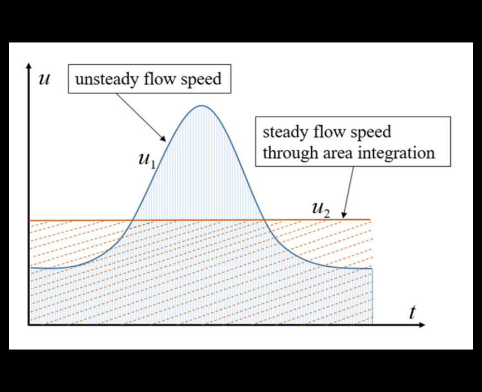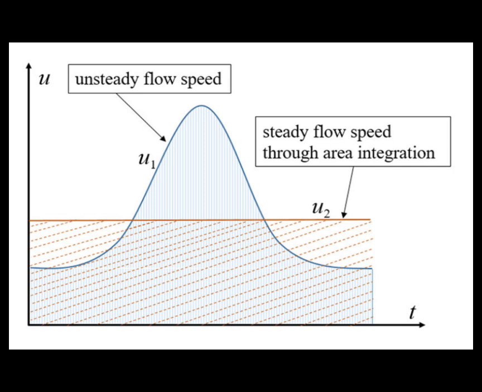Example, combining Bernoulli's and continuity equations. Scenario: a fluid flows through a horizontal pipe with varying diameter, given inlet area A1, velocity V1 and pressure P1, and outlet area A2, velocity V2 and pressure P2. Using continuity, we know A1 V1 is equal to A2 V2.